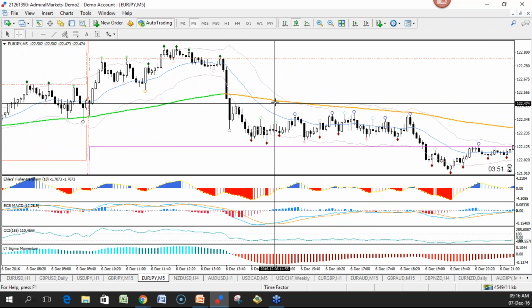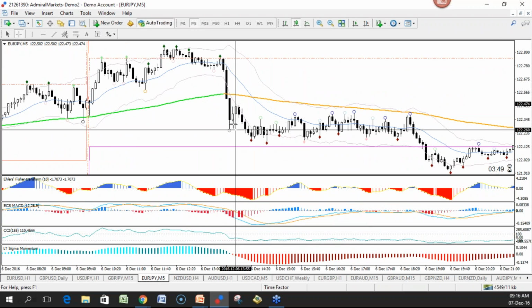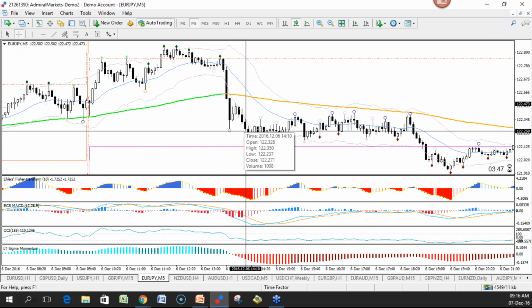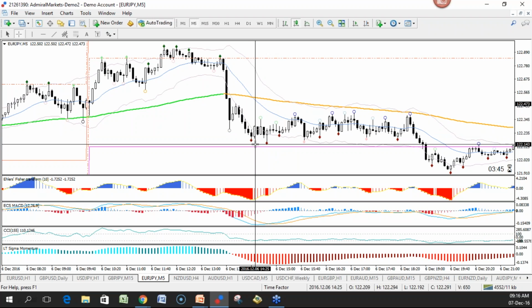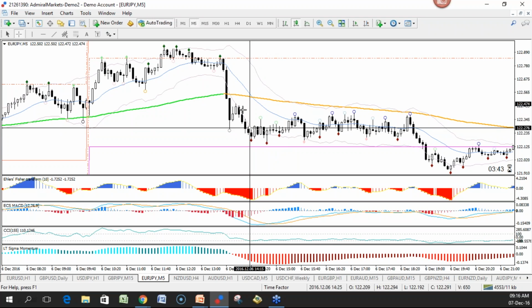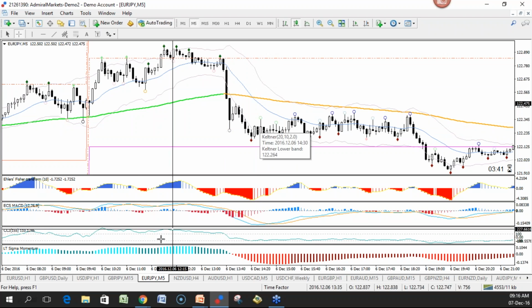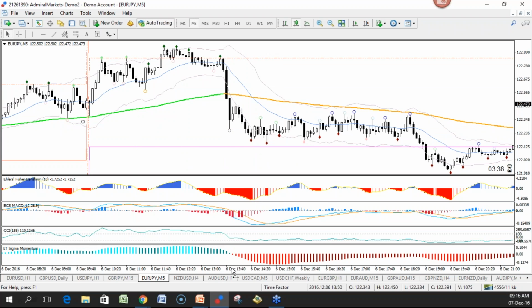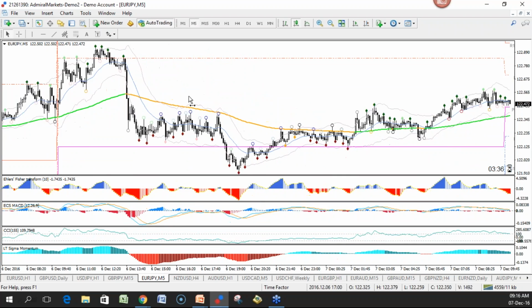And on a 5-minute chart, you can see that this momentum was not good for the euro yen. So let's zoom out just a tad here.